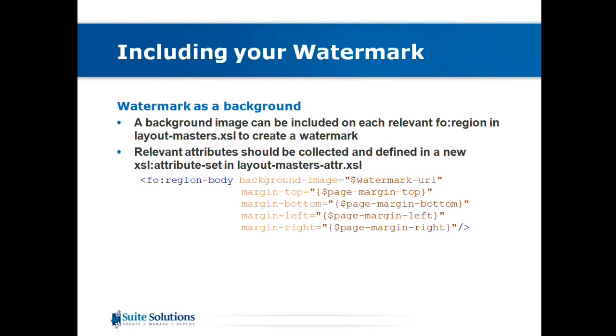So if this is a watermark that I want to appear throughout the main content, I'll make sure that it goes into the body simple page masters. If it's something I want to appear in everything, I'll make sure that it goes into the body simple page masters, and the talk simple page masters, and the index simple page masters. Every relevant one will have this background image defined in the FO region body.